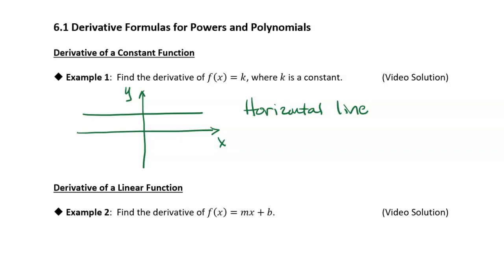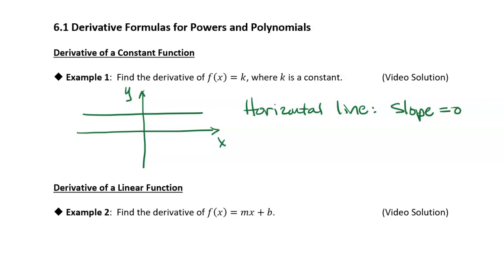So the slope is 0. Slope equals 0, and that is the instantaneous rate of change. It's also the average rate of change. If you pick any 2 points on this line, the slope is going to be 0 between those 2 points. Average rate of change between any 2 points is 0, and the instantaneous rate of change is also 0.